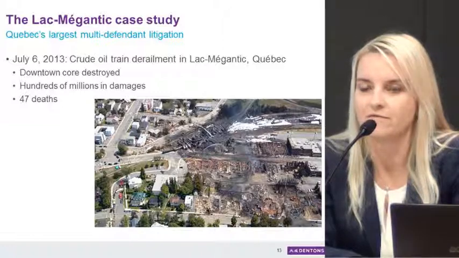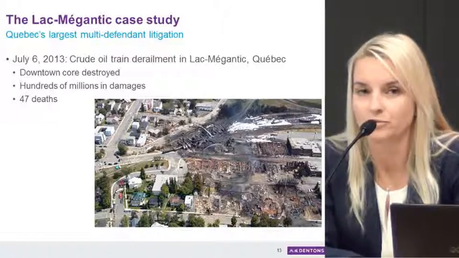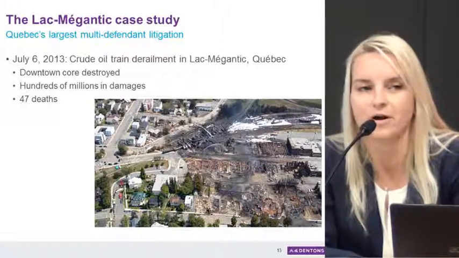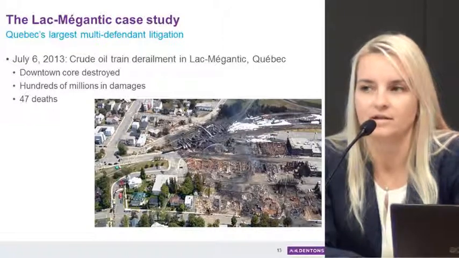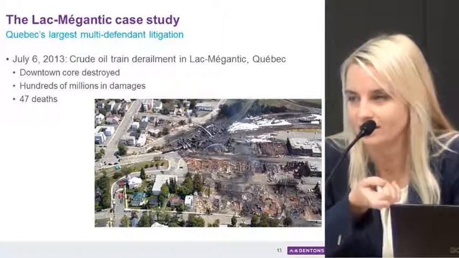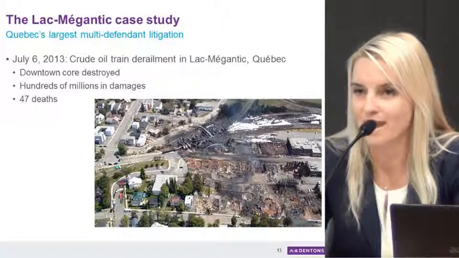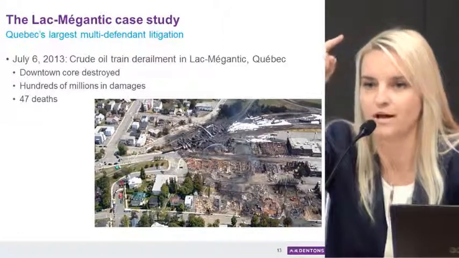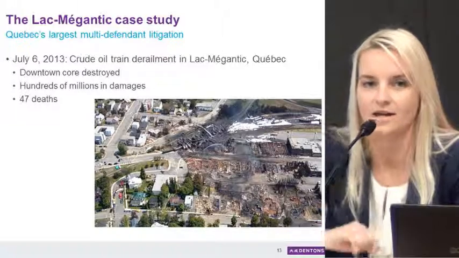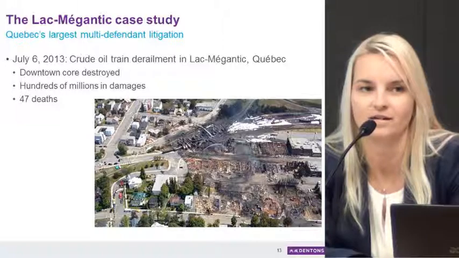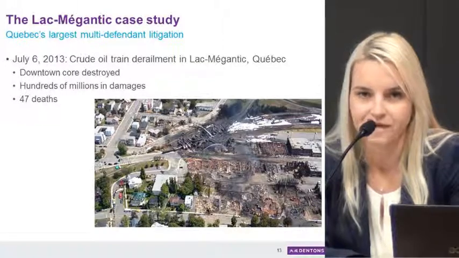The 74-car train rolled down from Nantes, a city 11 kilometers from Lac-Mégantic, and exploded in downtown Lac-Mégantic.